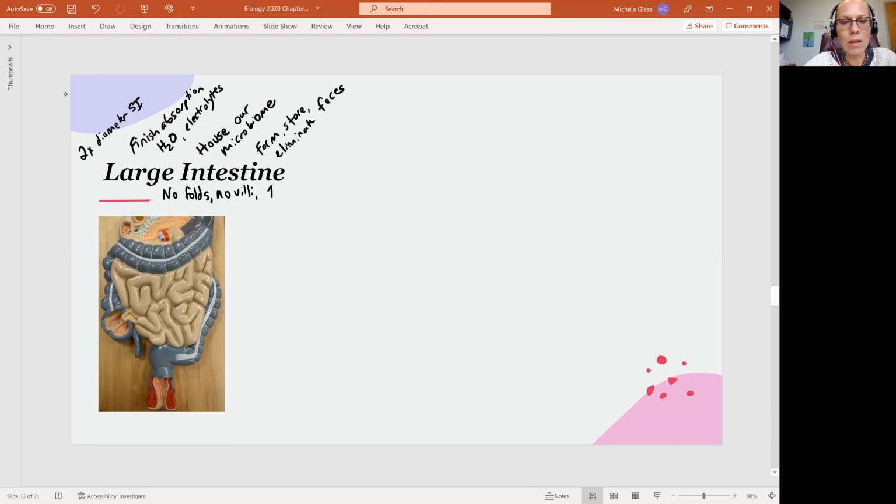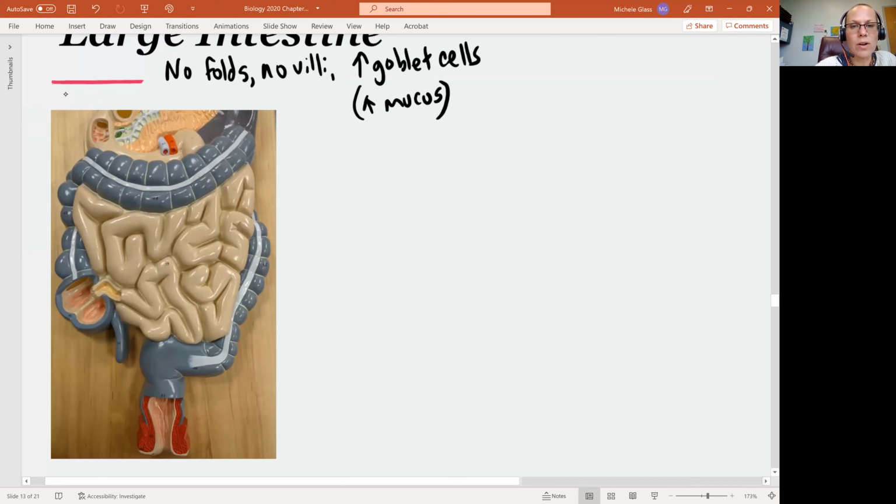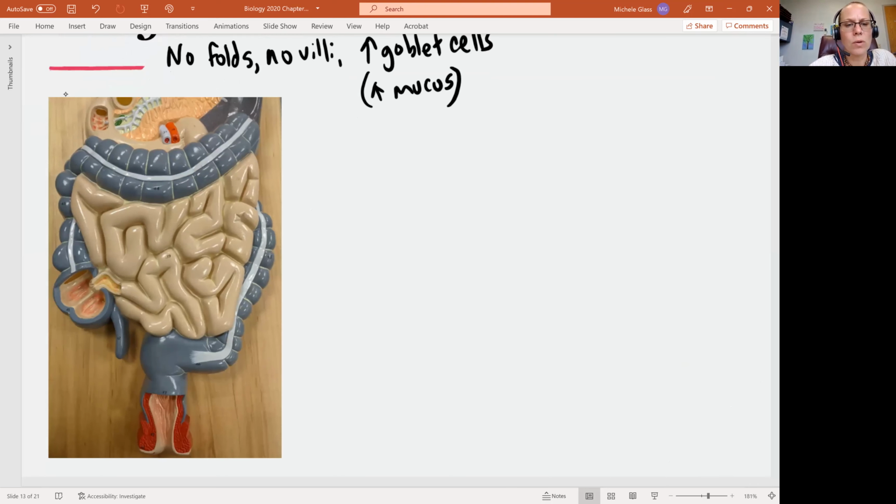We're going to have a lot of goblet cells that are going to be important in making a lot of mucus. And so this is going to make it easier for that fecal material, which will be pretty solid and pretty compact, to move through the large intestine.